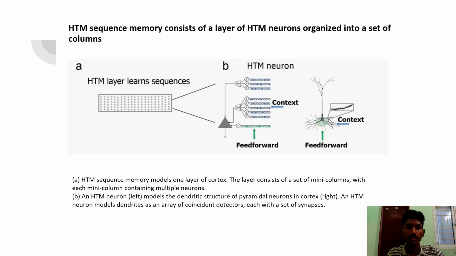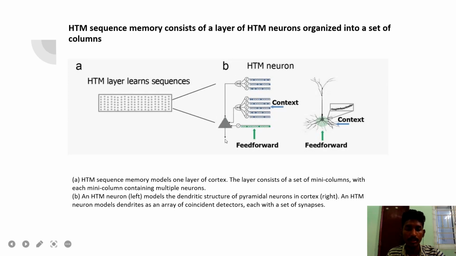HTM sequence memory consists of a layer of HTM neurons organized into a set of columns. The network accepts a stream of inputs encoded as sparse vectors. Here you can see in this figure, HTM sequence memory models one layer of cortex. The layer consists of a set of mini columns with each mini column containing multiple neurons.